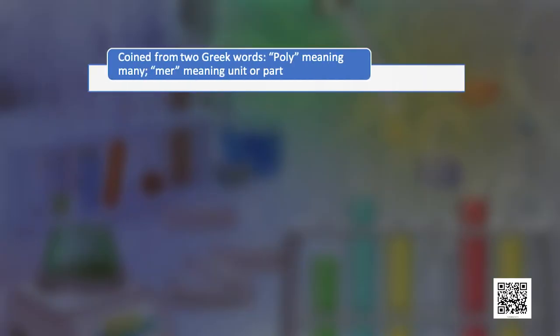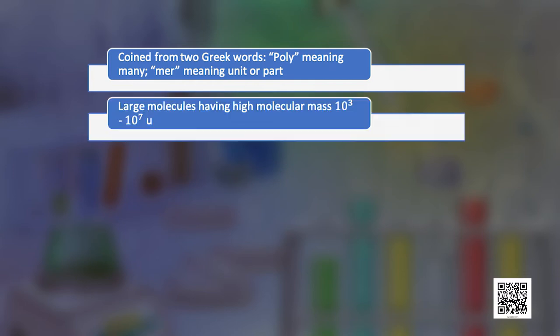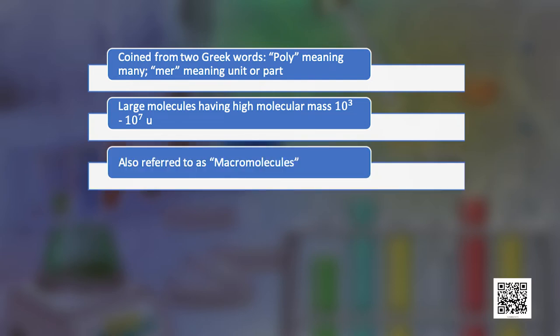We will begin with what is a polymer. The word polymer is coined from two Greek words. Poly means many and mer means unit or part. The term polymer is defined as very large molecules having high molecular mass. These are also referred to as macromolecules.